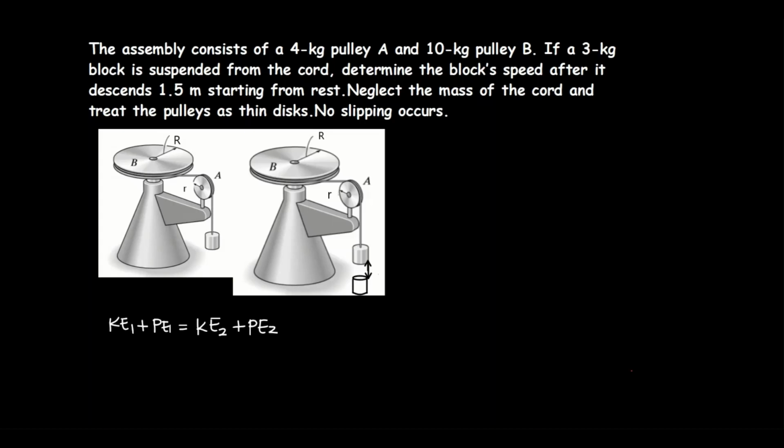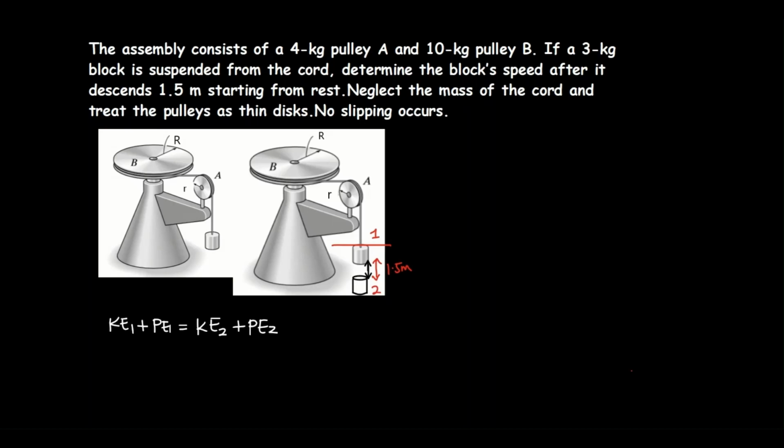Okay, so what I'll do is draw a datum at the initial position of the block. That will be position 1, then its final position will be position 2, and it descended a distance of 1.5 meters. Initially it was at rest, so for that reason the whole system will be at rest since the block was at rest.